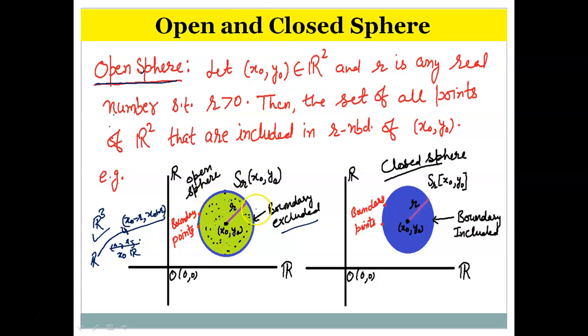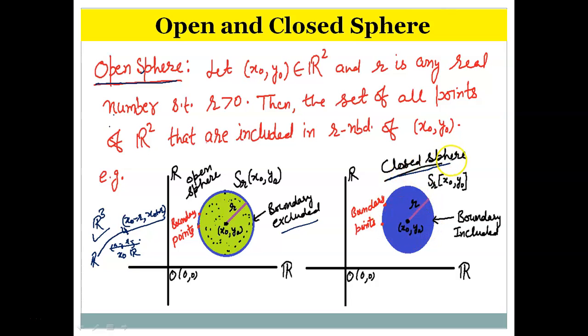Interior of a sphere means excluding the boundary points, and the points which are on the boundary are called the boundary points. So if we further talk about the boundary point, here I have shaded the whole portion. The radius is R again, the center is at x naught, y naught, and we have included the boundary points in this also.